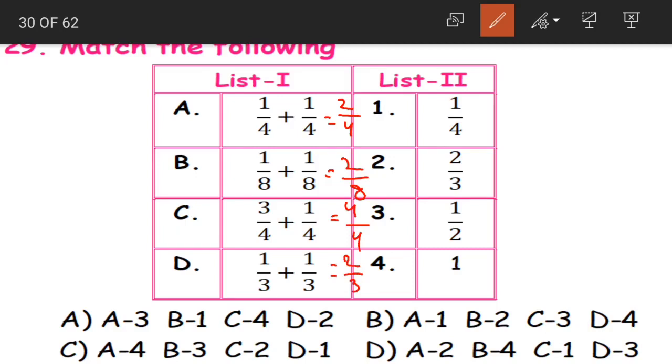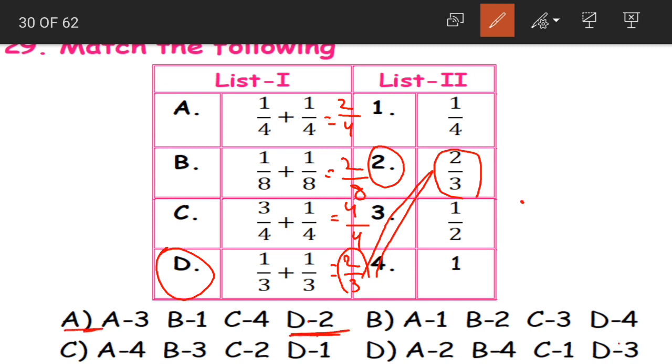Now if you look at list 2 here, the direct answer is only this, D 2. 2/3. Here also we are having 2/3. Now if you are answering this question smartly and check the given options, only option A has D2. Only option A has D2. So even without solving the others, we can say that option A is the correct answer.